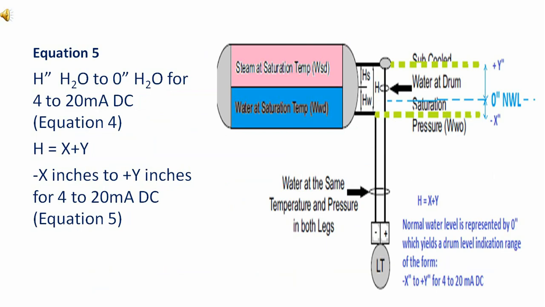Equation 5. H-inch H2O to 0-inch H2O for 4 to 20 milliampere DC. That is equation 4. H equal to X plus Y, minus X inches to plus Y inches for 4 to 20 milliampere DC, equation 5.